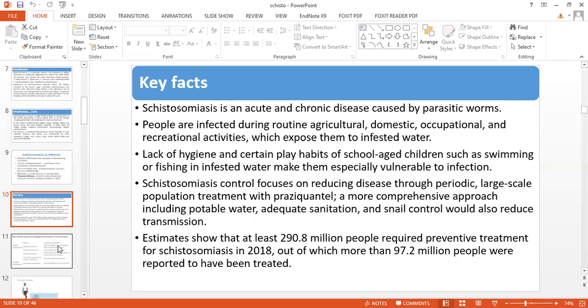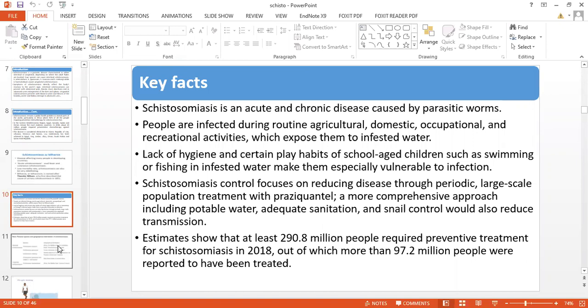The key fact about schistosomiasis is that it is an acute and chronic disease caused by a parasitic worm. People are infected during routine agricultural, domestic, occupational, and recreational activities, which expose them to infested water.